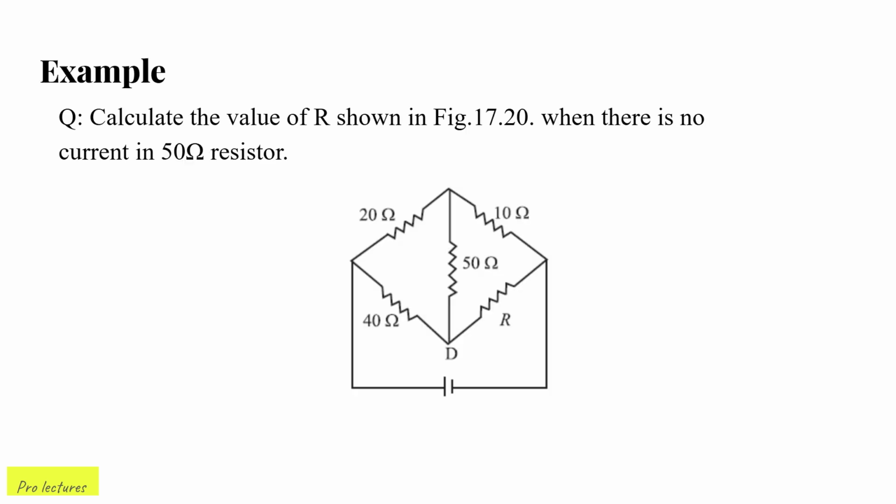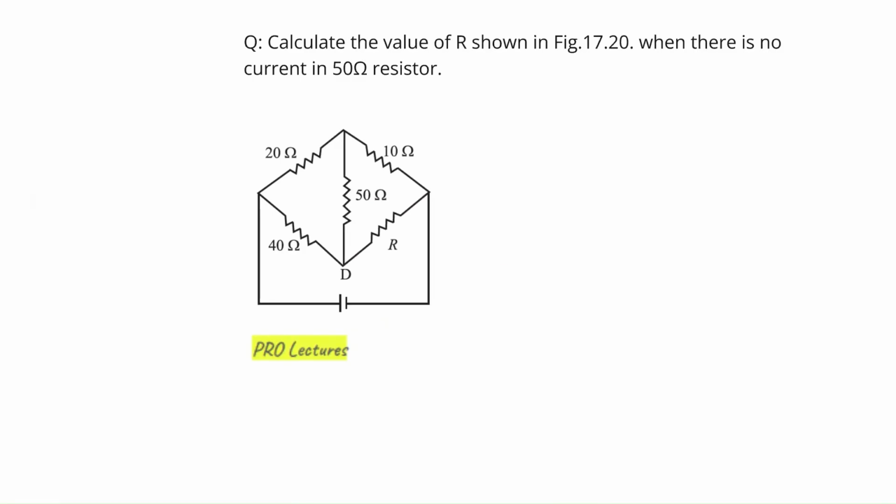Now let's see an example of a Wheatstone bridge circuit. Calculate the value of R shown in the figure when there is no current in the 50 ohm resistor. So this is the Wheatstone bridge where the galvanometer has been replaced by a 50 ohm resistor. The bridge is said to be balanced when there is no current in the 50 ohm resistor.